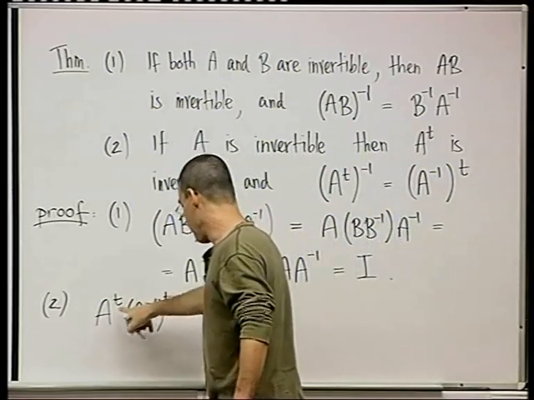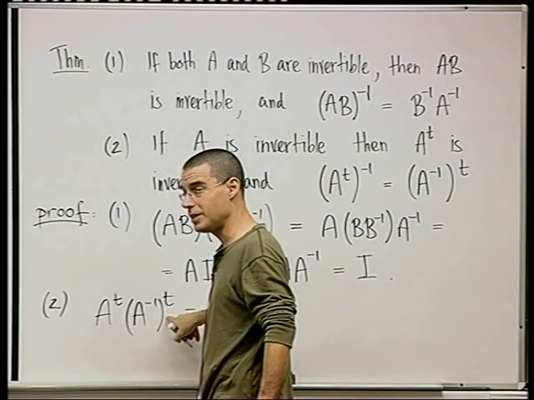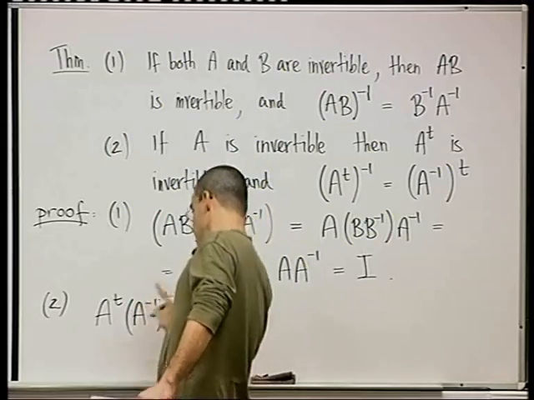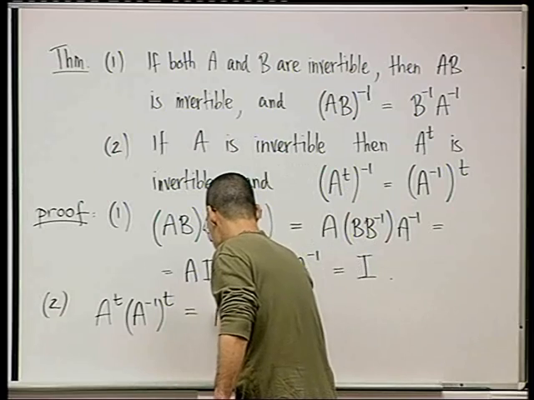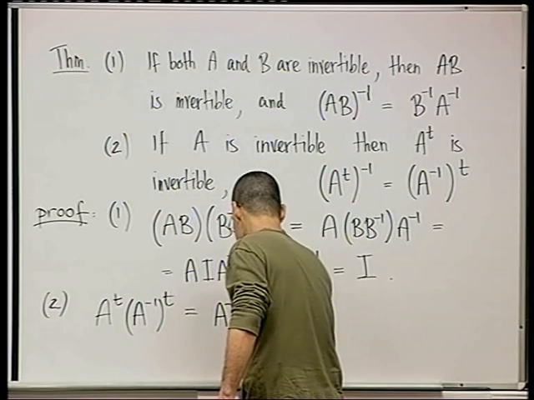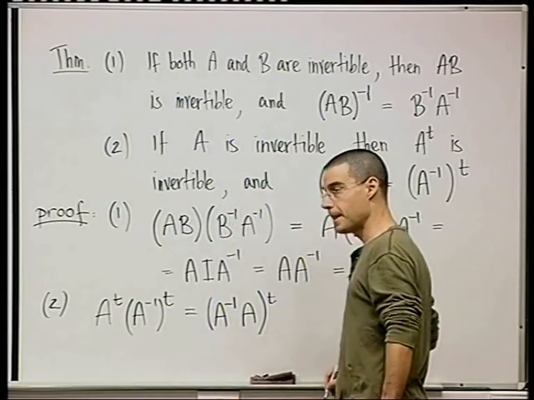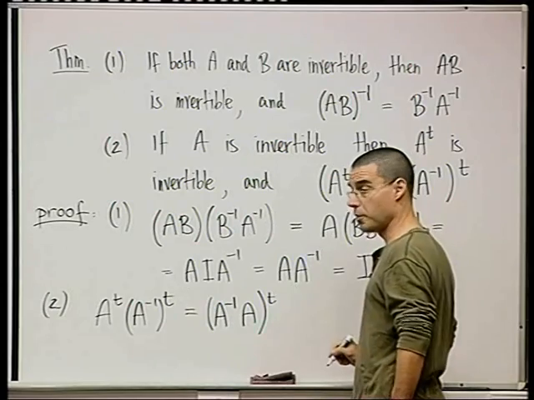So how do I do a product of transpose matrices? We said it just a few minutes ago. Right. It's the reverse order of the original ones, transposed. So it's A inverse times A transpose. Right? So this is a previous theorem about what is the transpose of a product.